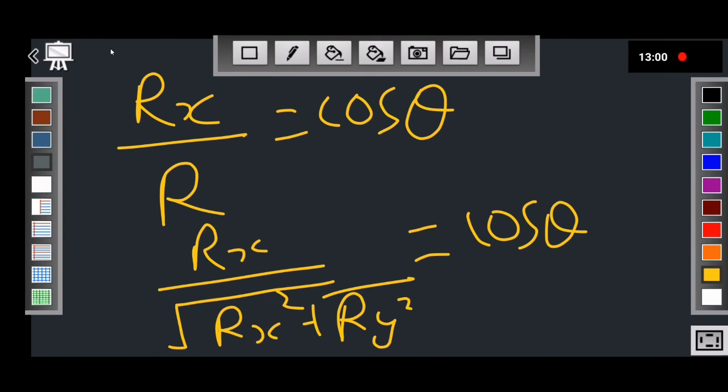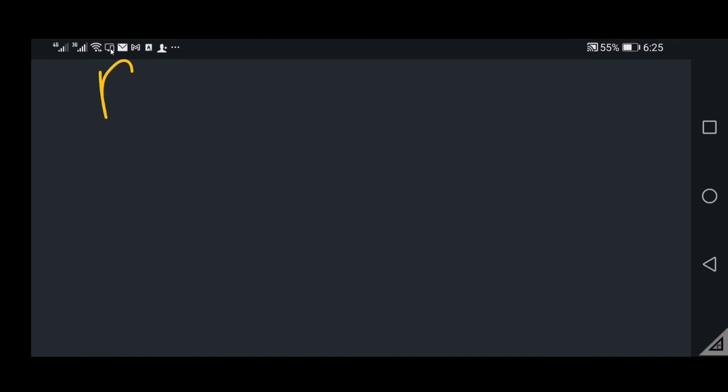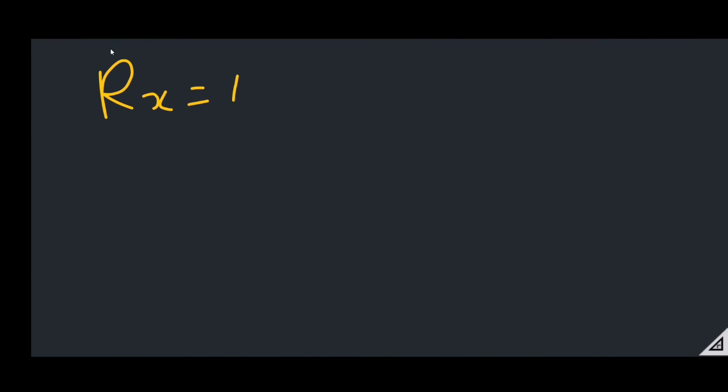Now according to the condition, rx equals ry.